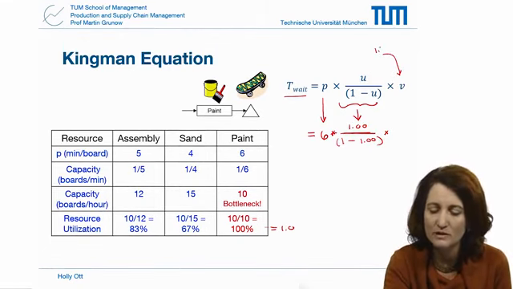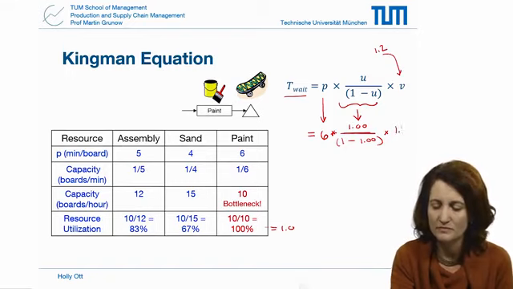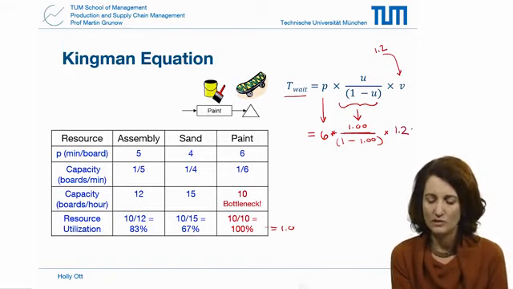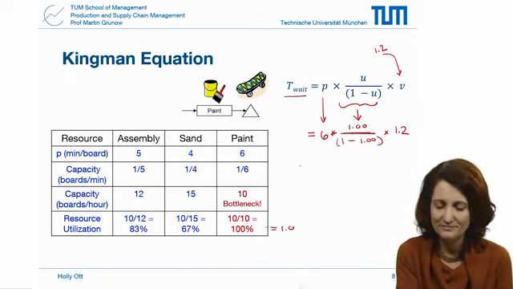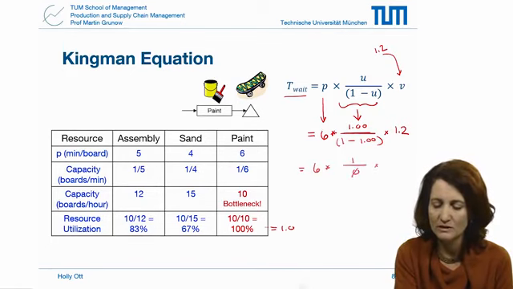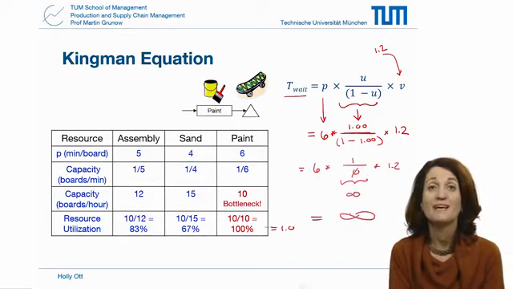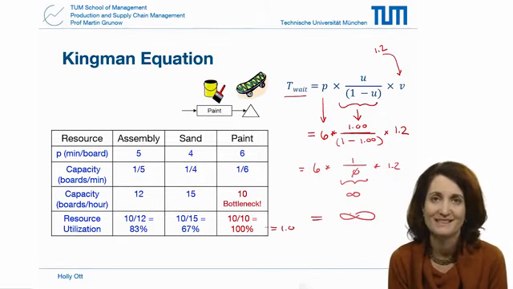Let's say this is equal to 1.2. So what do we see here? Well, 6 times 1 over 0 times 1.2 is equal to infinity. Our waiting time will be infinite in front of paint.